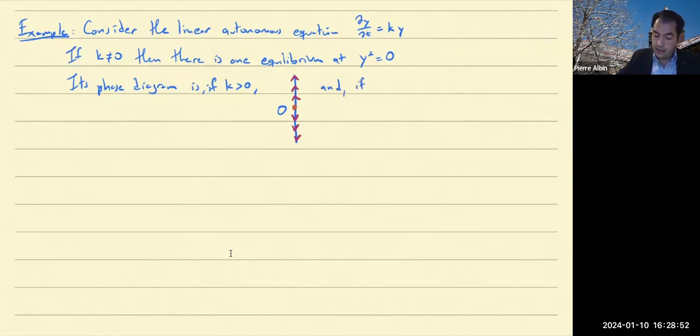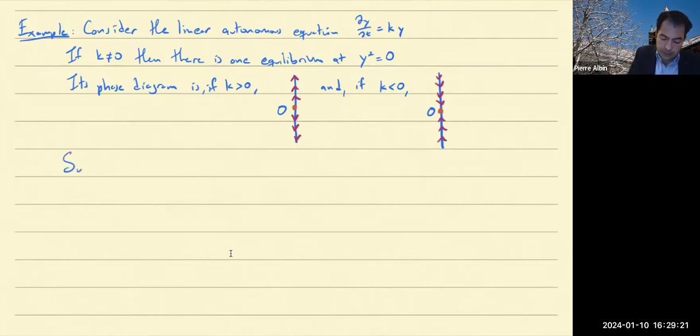And if k is negative, then we similarly have the origin. 0 is the only point, but now if k is negative, this is going to be negative for y positive, positive for y negative, which means we're going to have arrows going down when we are y positive and moving up for y negative, right?